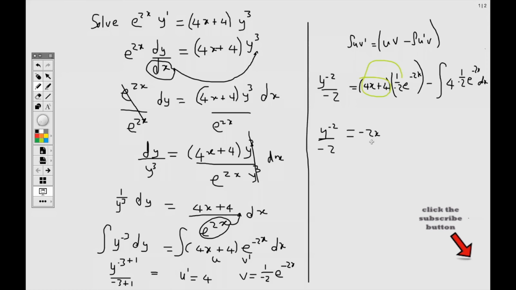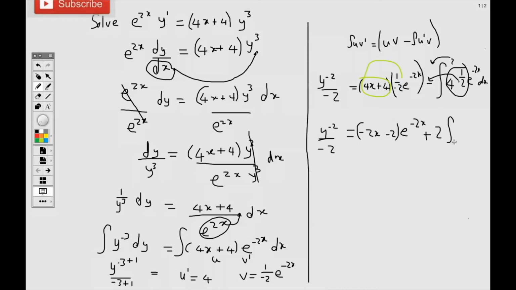Minus a half times 4, that's negative 2, multiplied by e to the minus 2x. Minus, now this negative sign will change this to positive, and a half of 4 is 2. I can carry the 2 outside of the integral sign and integrate e to the minus 2x dx.